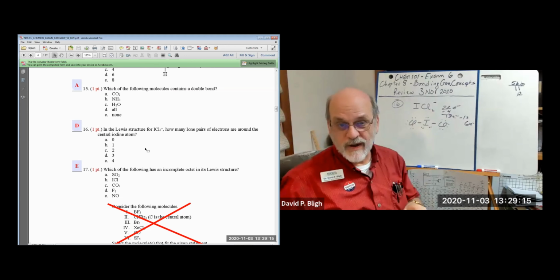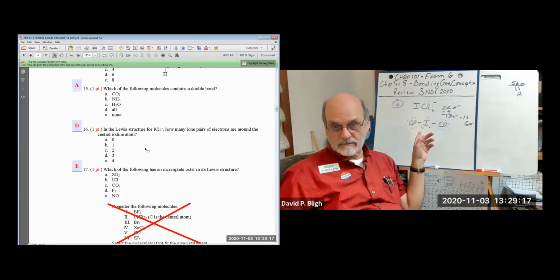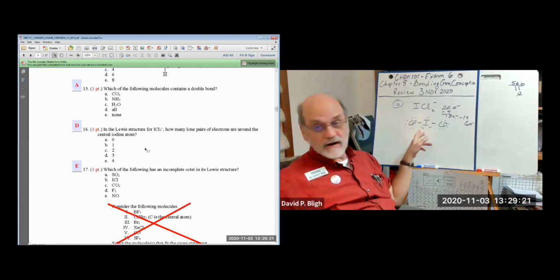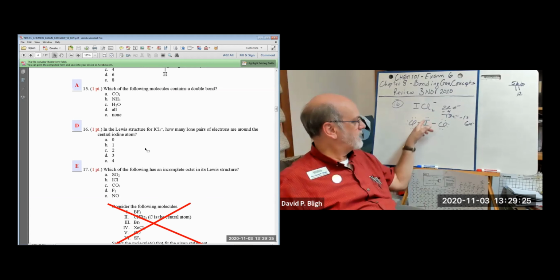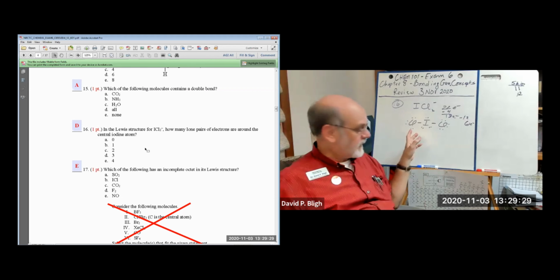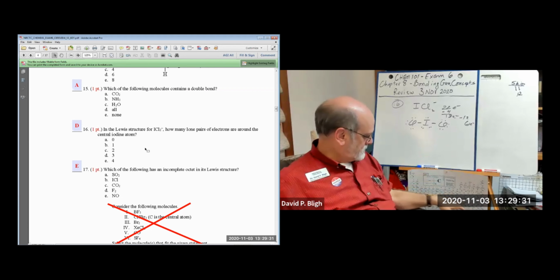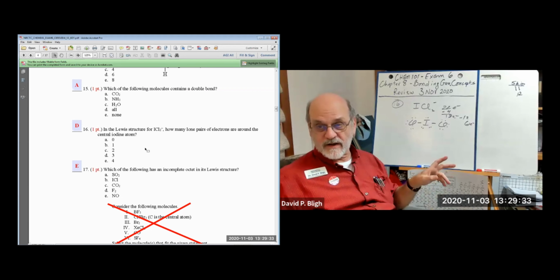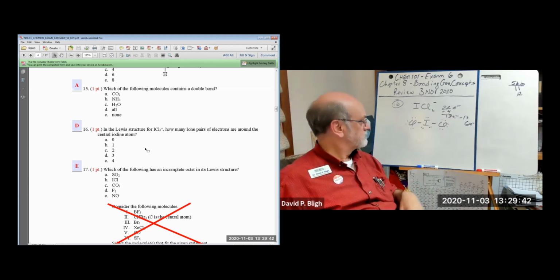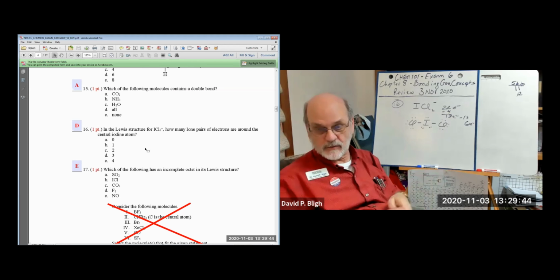So we should have 3 pair on the central atom. That's why D is the answer. Right? And we have exceeded the octet. 2, 4, 6, 8, 10. Iodine has exceeded. And that's okay for iodine because it's in the 5th period, which means it has access to 4D orbitals. There's plenty of room for the excess.